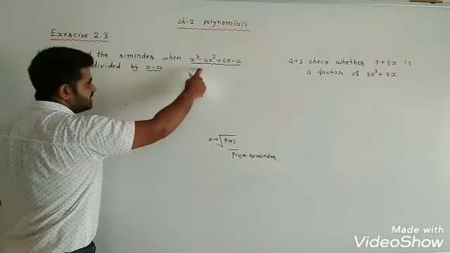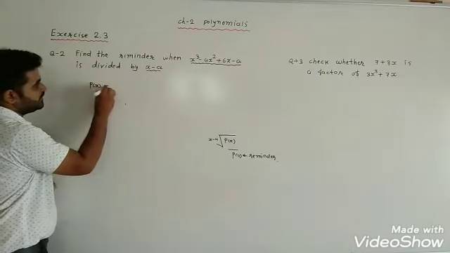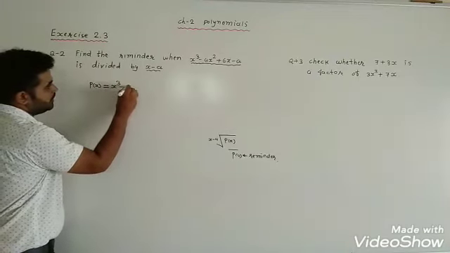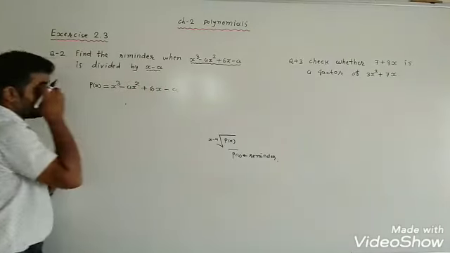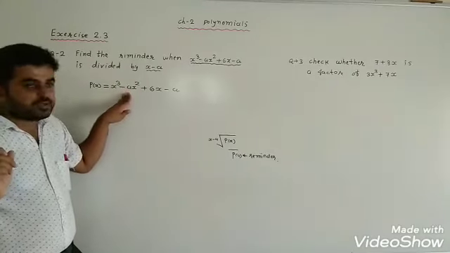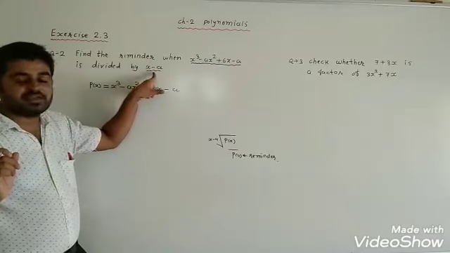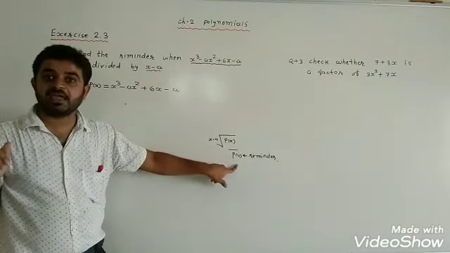Now p of x is equal to x cube minus x square plus 6x minus a, and I have to divide this polynomial by x minus a. Then what is the remainder? P of a.